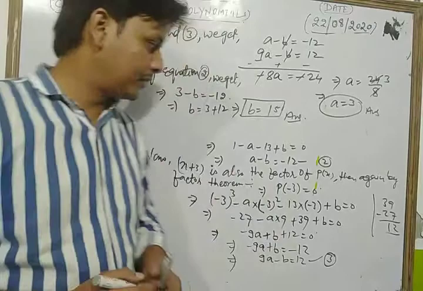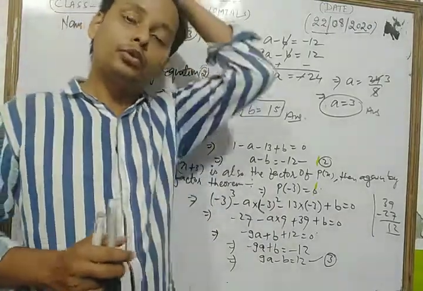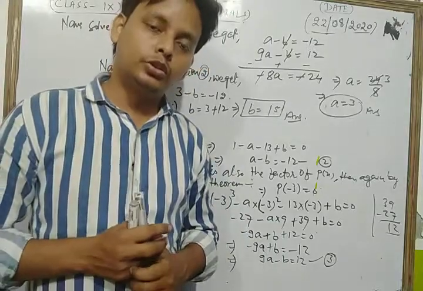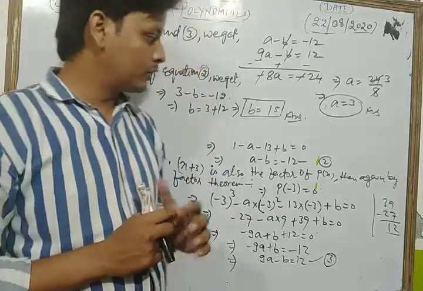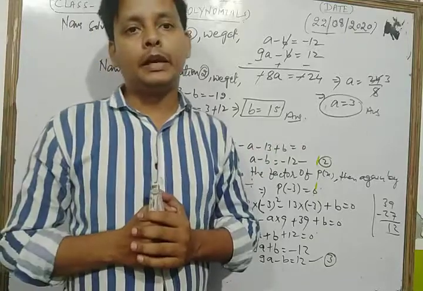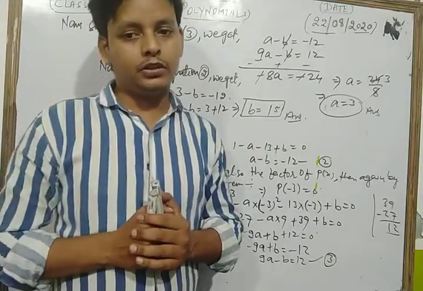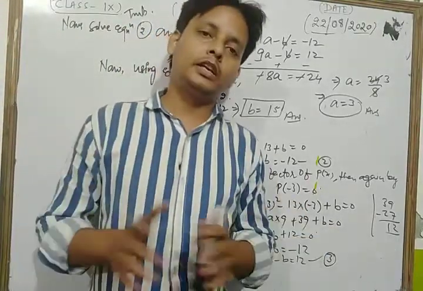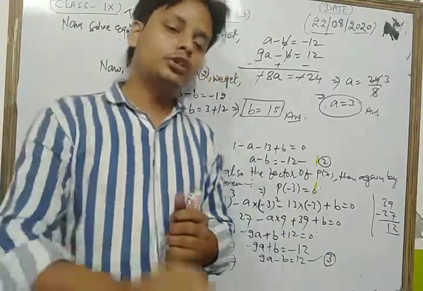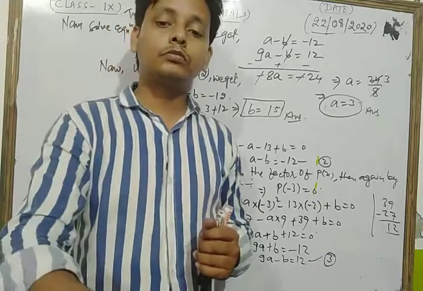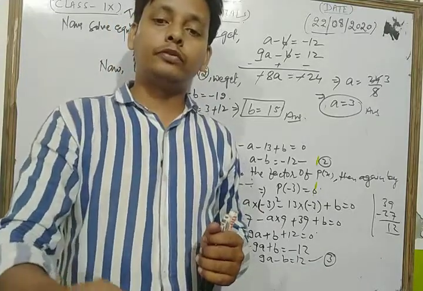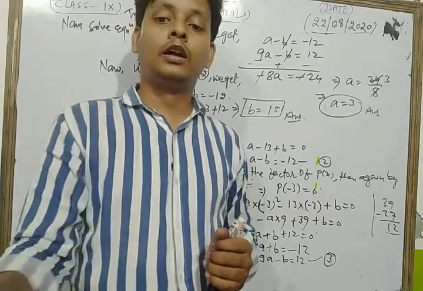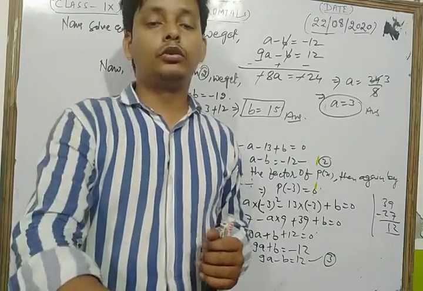Dear students, in this way we can solve that type of question. This is one of the most important questions of your syllabus, so please do more and more practice of that type of questions. Now dear student, the chapter on polynomials is completed. Now we revise the chapter factorization of algebraic expressions, which is a very important topic of your syllabus.